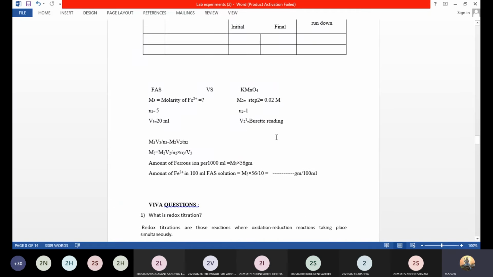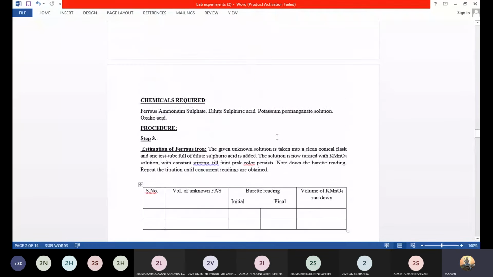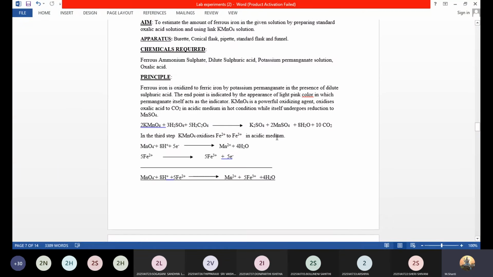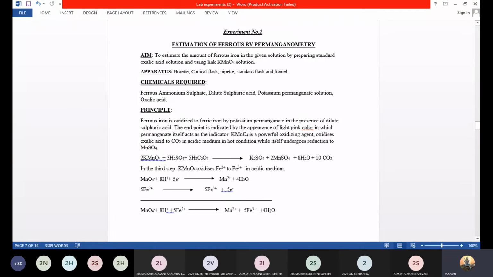Now coming to the Viva questions. Any doubts in this principle part and the procedure? Any doubts in the experiment with regard to permanganometry? Say yes or no, whether you have followed or not.